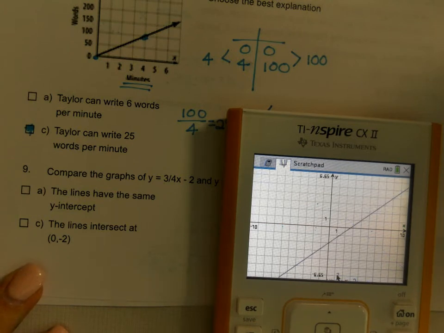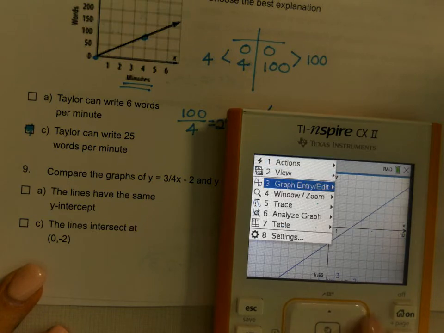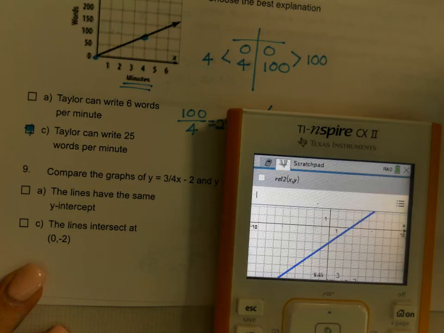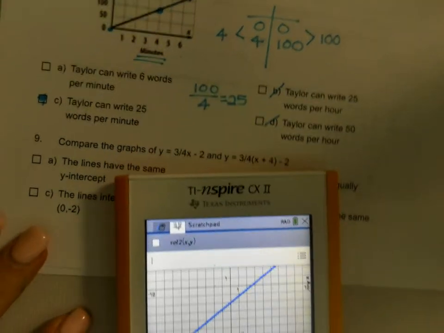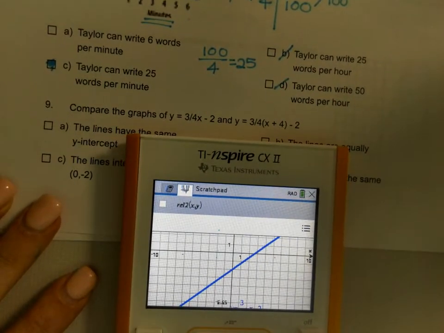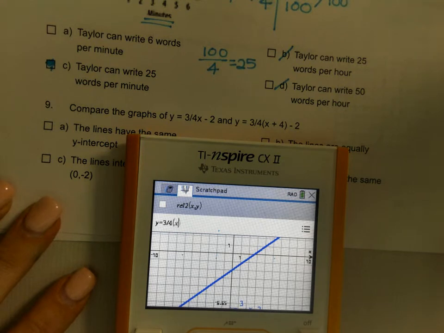And then we need another equation, so menu, graph entry, edit. I'm going to do it as a relation. Y equals 3 divided by 4, parentheses, x plus 4, and then minus 2.